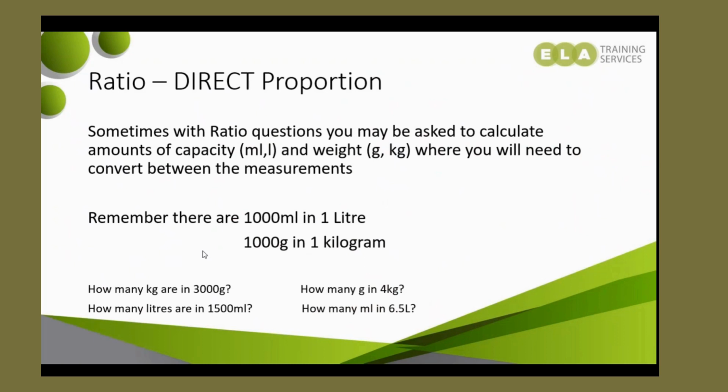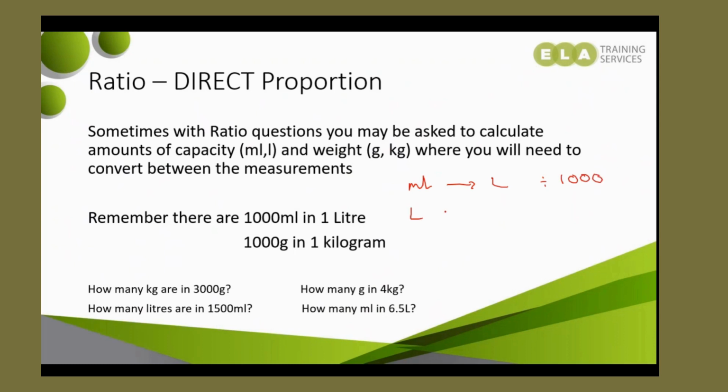So sometimes with ratio questions, you might be asked to calculate amounts of capacity, so millilitres and litres, and weight in grams and kilograms, where you'll need to convert between the measurements. Remember, there are 1,000 millilitres in a litre and 1,000 grams in a kilogram. So to go from millilitres to litres, we divide by 1,000.